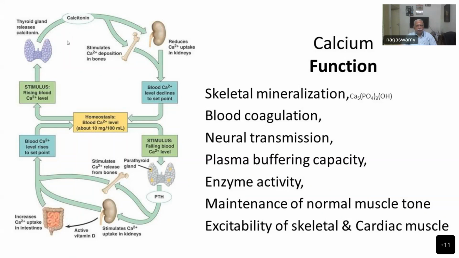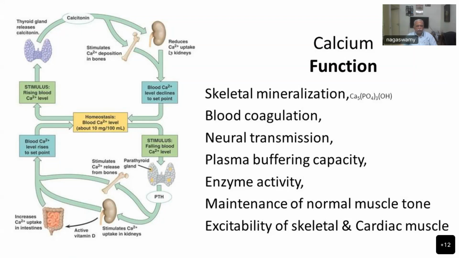So that is the simplest way of understanding the maintenance of the normal level whenever there is a rise in the calcium level. On the contrary, when the level of the calcium is falling, then parathormone comes into action. The parathyroid gland releases parathormone, and parathormone releases calcium from the bones because that is where it is normally stored.